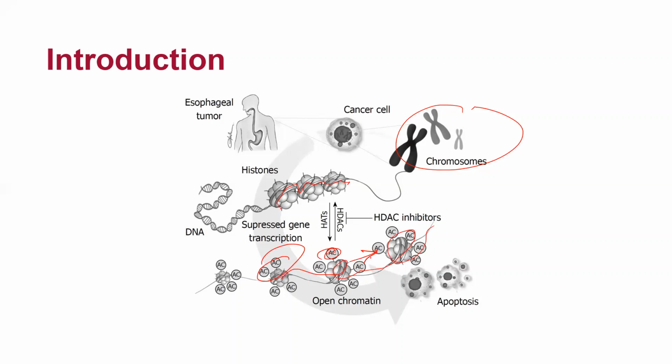Because the chromatin is open, the genes that are responsible for apoptosis will be expressed. But when there is HDAC, as I said before, it will close the chromatin so that the genes that are responsible for apoptosis will not be expressed. So that is the role of our enzyme here.